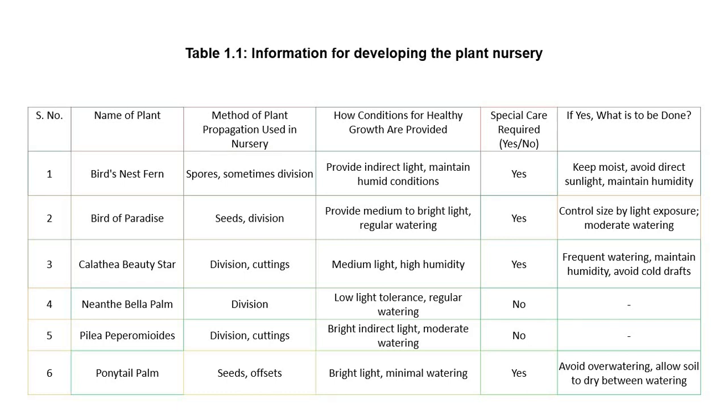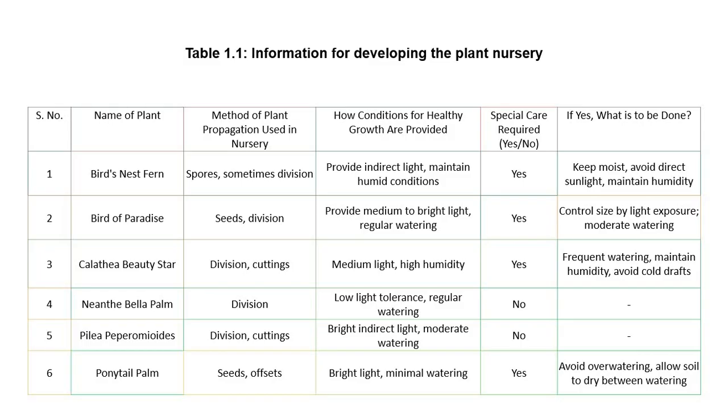Method of plant propagation used in nursery, spores, sometimes division. Conditions for healthy growth, provide indirect sunlight, maintain humid conditions. Special care is required, yes. What is to be done? Keep moist, avoid direct sunlight, maintain humidity.